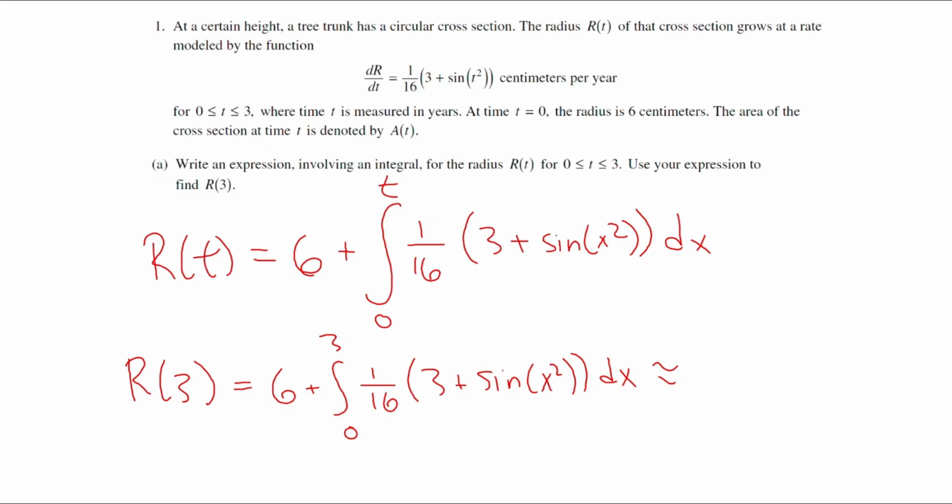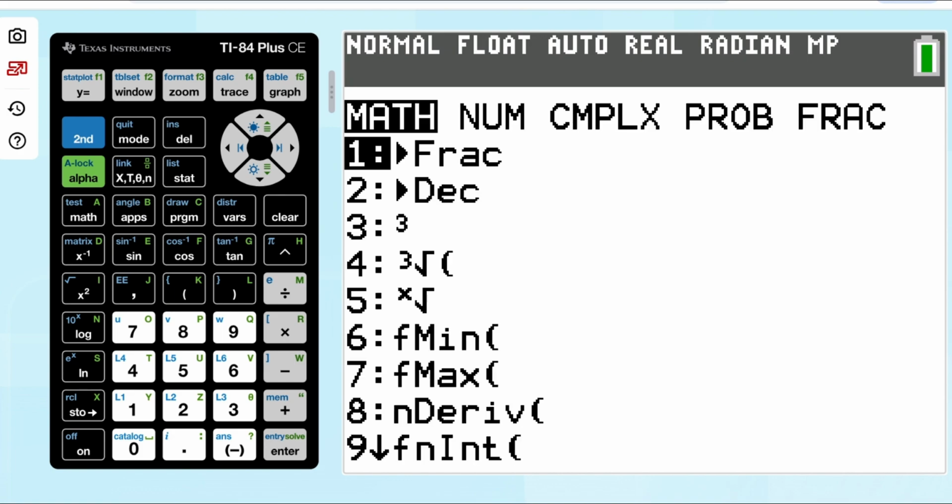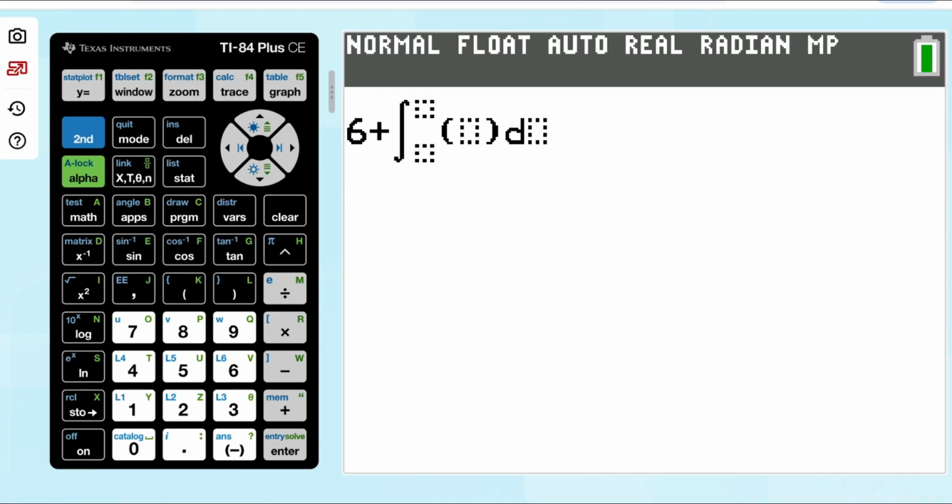And so we'll just use our calculator, since this is a calculator question, to figure out that value. We'll do 6 plus math, option number 9. And again, you can just hit the 9. You don't have to scroll down to it. And it's an integral from 0 to 3 of 1/16. I like to do alpha and then the x button to give me a nice little fraction there, 1/16.